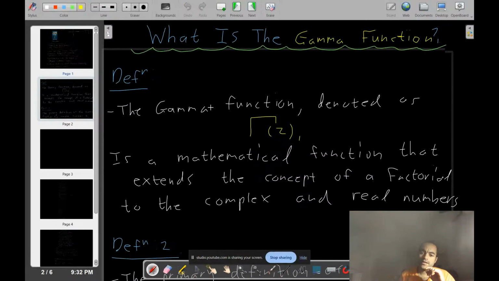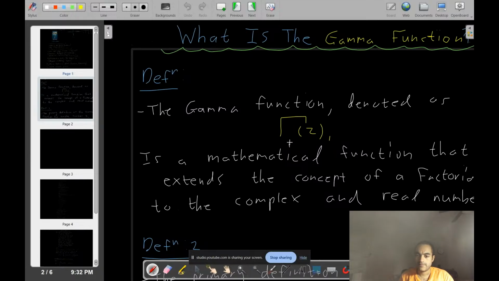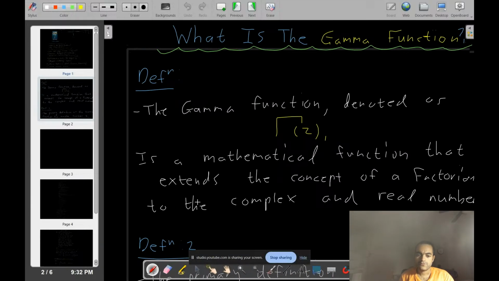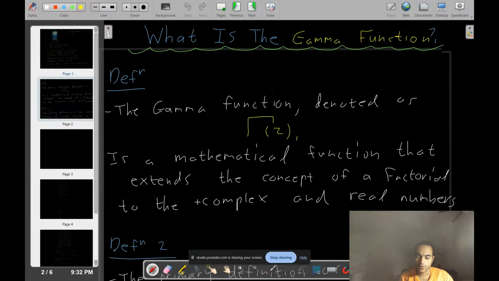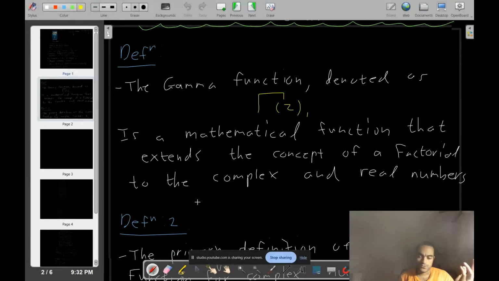A gamma function is denoted as gamma of z. It's this Greek letter gamma of z. It is a mathematical function that extends the concept of a factorial to complex and real numbers. For those of you who know what the factorial is, n factorial is n times n minus 1 times n minus 2, and so forth.